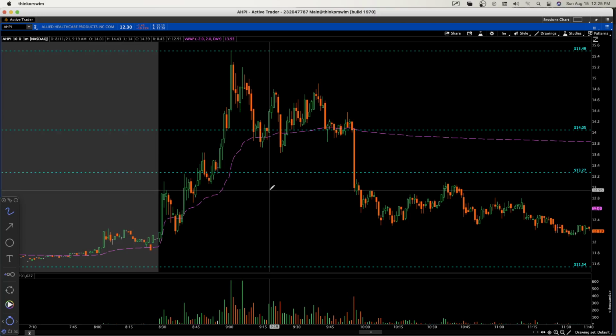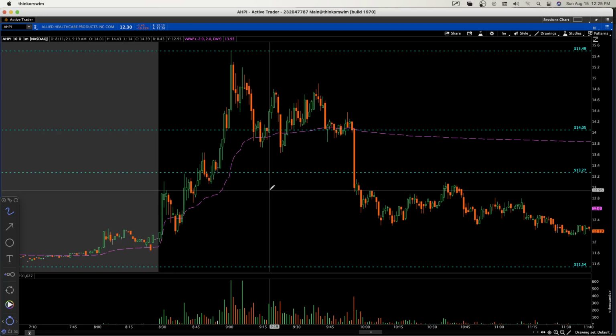So when you see a stock that's consolidating or trading sideways, you want to take a look at what VWAP is doing, because it can be very indicative of what the next move is going to be. If it's consolidating sideways, but VWAP is actually trending up, the likelihood your next move is going to be up. Not always, but that's the indication.